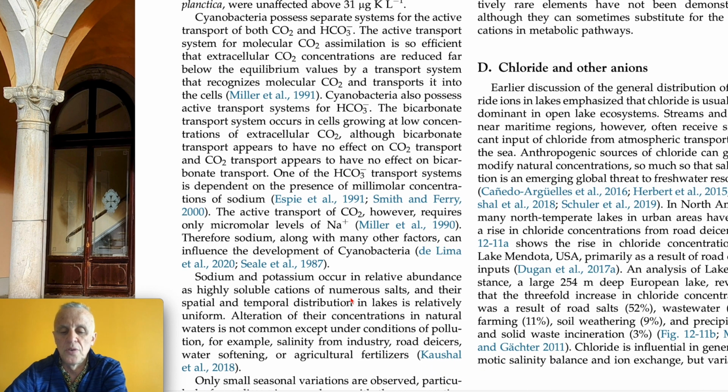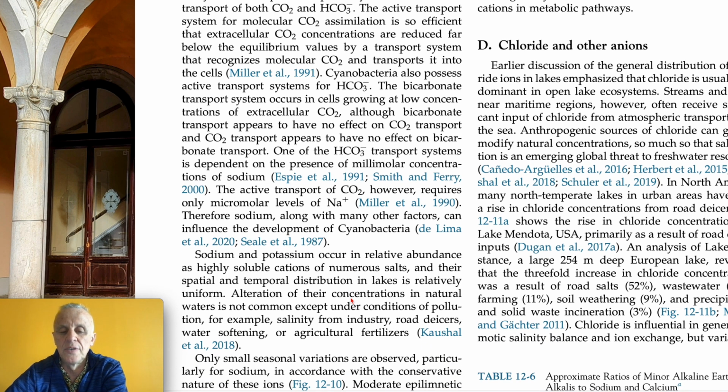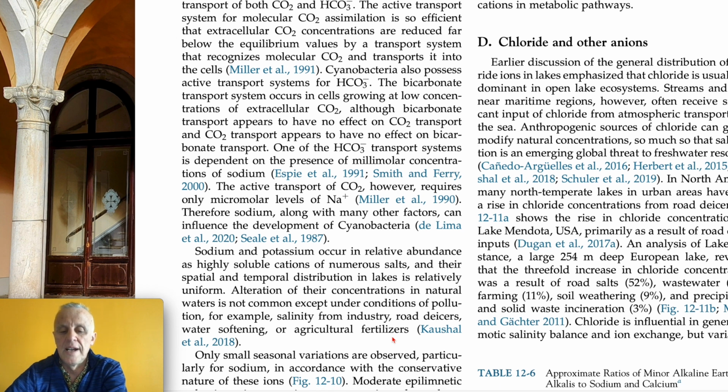Sodium and potassium occur in relative abundance as highly soluble cations of numerous salts, and their spatial and temporal distribution in lakes is relatively uniform. Alteration of their concentration in natural waters is not common except under conditions of pollution, for example, salinity from industry, road deicers, water softening, or agricultural fertilizers.